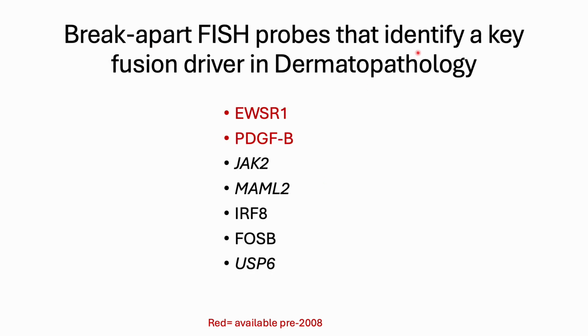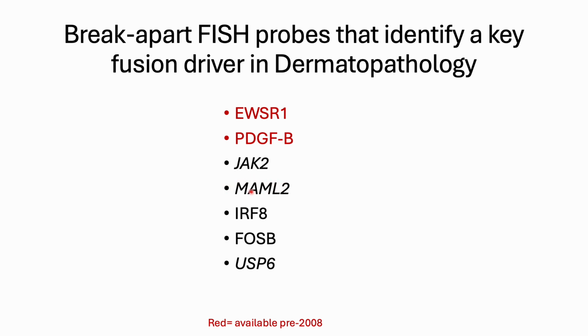Break-apart FISH probes that identify a key fusion driver in dermatopathology. EWSR1 we can use for clear cell sarcoma, myoepithelioma, angiomatoid fibrous histiocytoma. PDGFB we can use for dermatofibrosarcoma protuberans. JAK2, as we've seen, we can use for aggressive epidermotropic T-cell lymphoma.